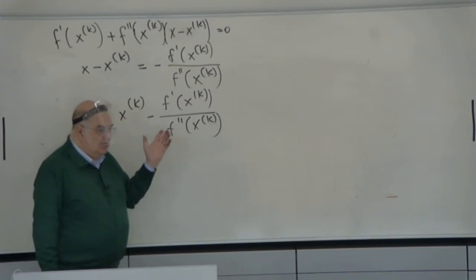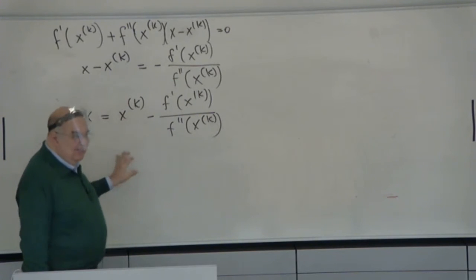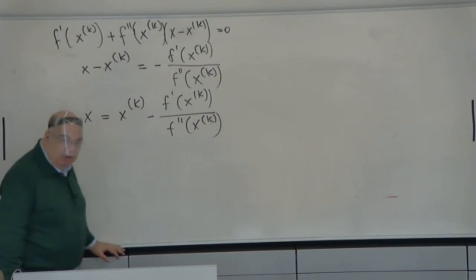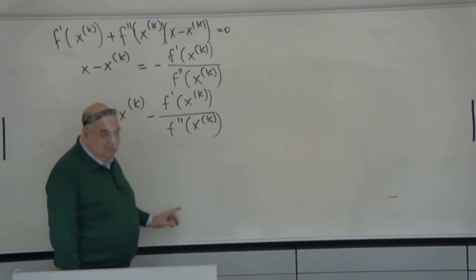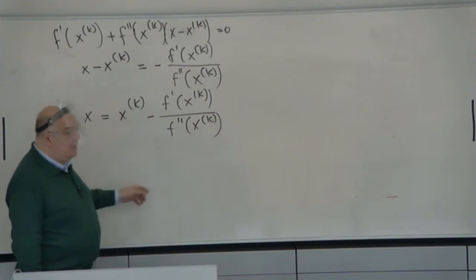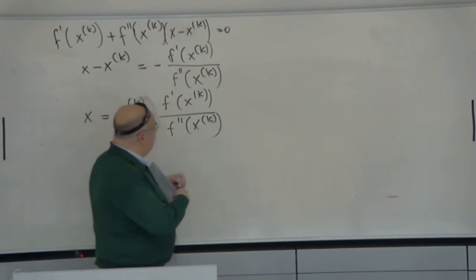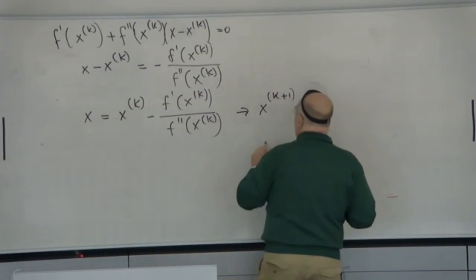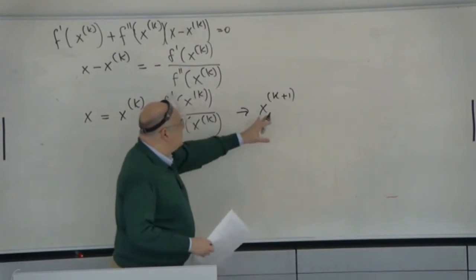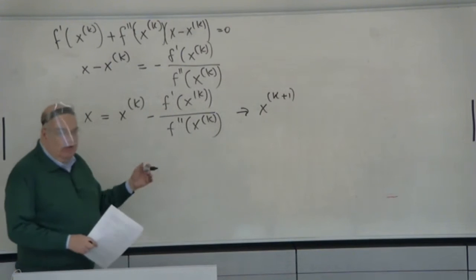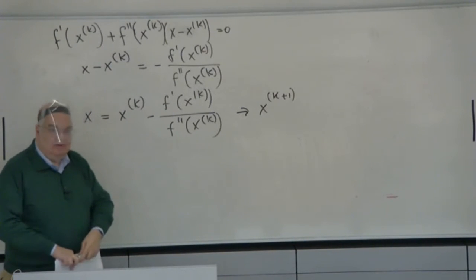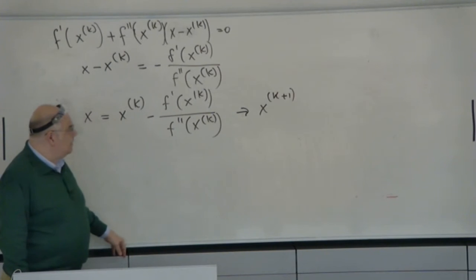So this is not necessarily the minimizer, apart from the special case where the function is a quadratic function, where it gives exactly the minimizer. We call this approximation x sub k plus 1. So the algorithm is defined by x k plus 1 equals this. And now this is in a form you can write using code, okay?